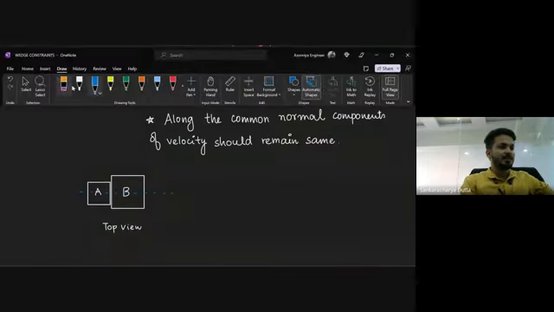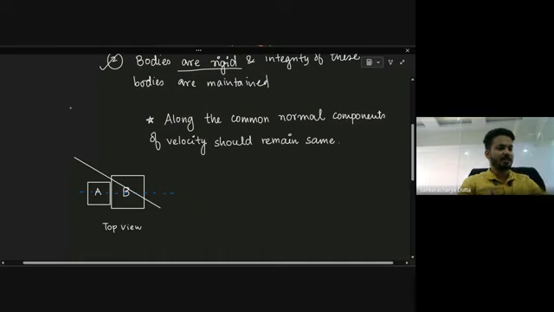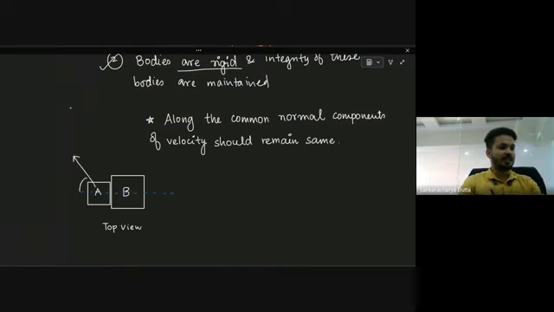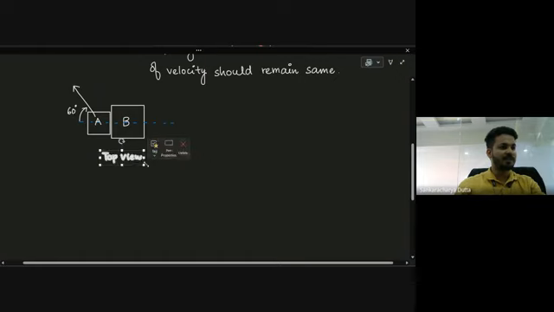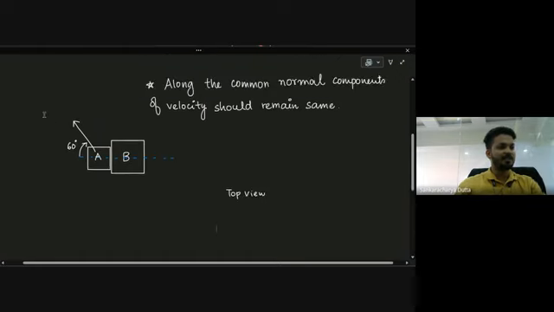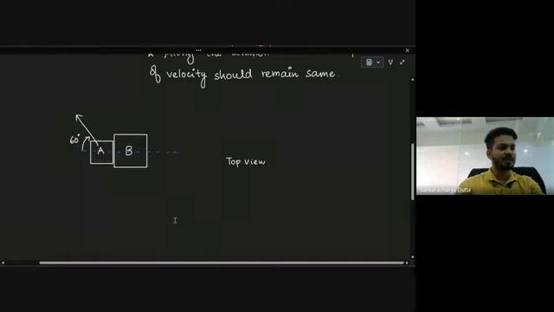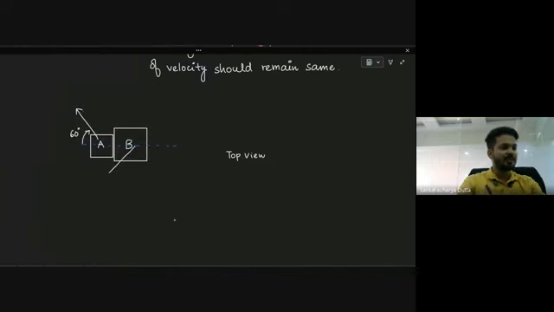Let's say the velocity of block A is in this direction, making an angle of 60 degrees with the forward direction. Again, remember, this is on a table, I'm looking from the top. And let's say block B is traveling in this direction at an angle of 30 degrees, and this is, say, 10 meters per second. Find out velocity VB, guys.